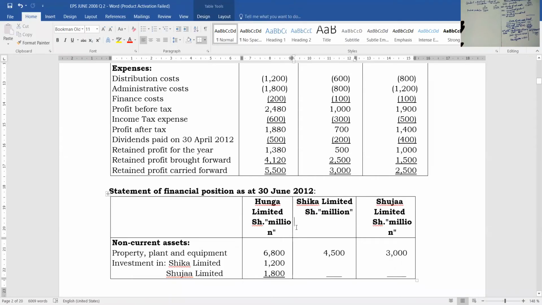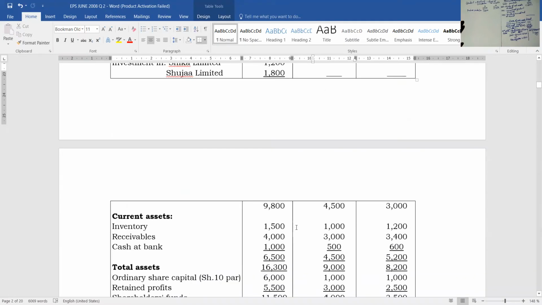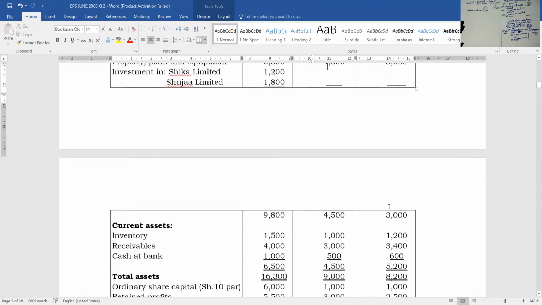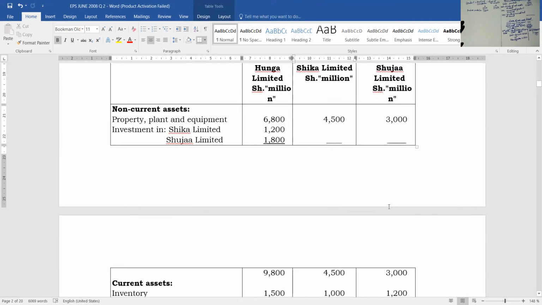Let's check the additional information. You are told that Unga Limited had acquired its shareholding in Shika for 2,400, that is fine. But in the non-current assets, you are given the investment in Shika as 1,200, because they have taken 2,400 times a half, because a half was disposed. That's why they are getting 1,200.